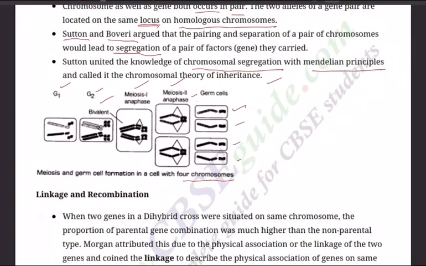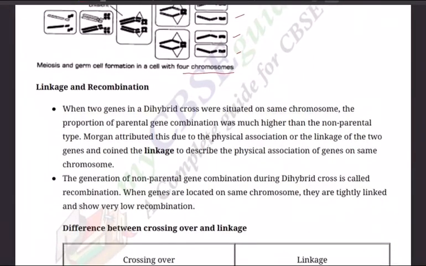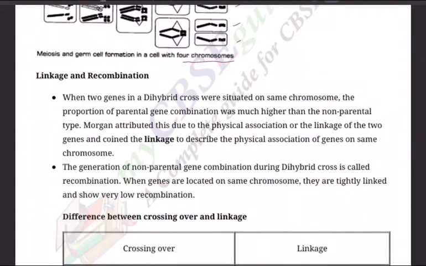Now linkage and recombination. When two genes in a dihybrid cross were situated on the same chromosome, the proportion of parental gene combination was much higher than the non-parental type. Remember, yesterday we were talking about the dihybrid cross, in which we said 9:3:3:1.